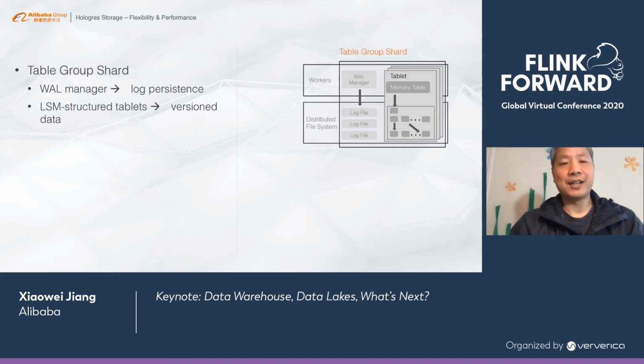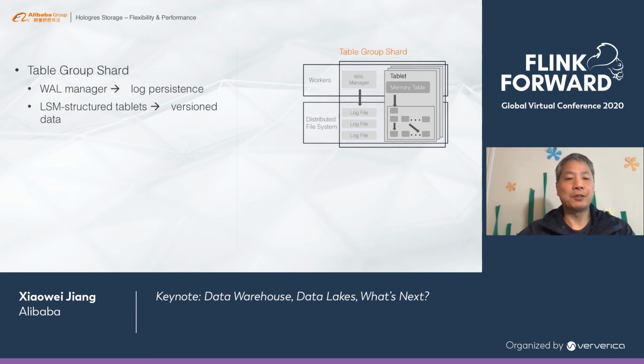After we solve the scalability and the elasticity problem, we want to make sure our system is always performant. And we will start with the storage layer. We want to make sure our storage layer is flexible and performant. Table group shard is the basic unit in our storage layer.